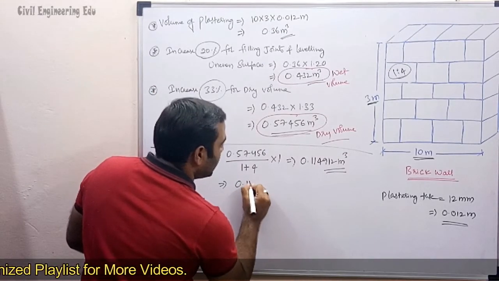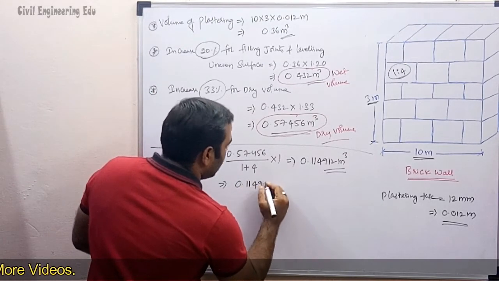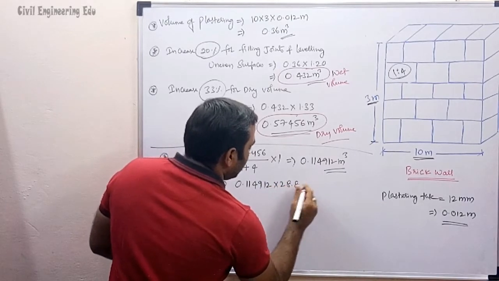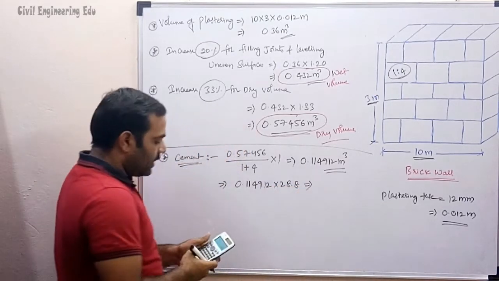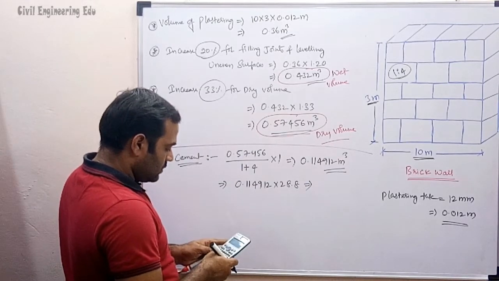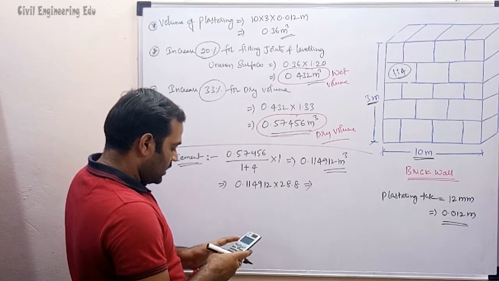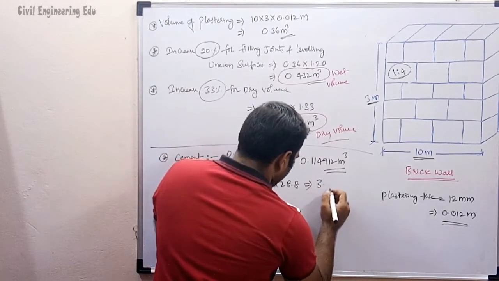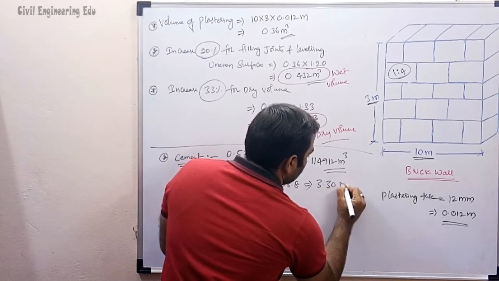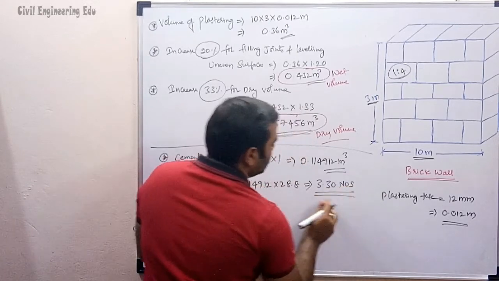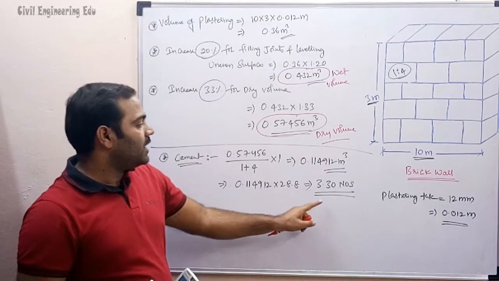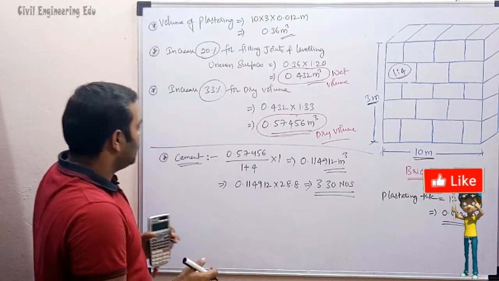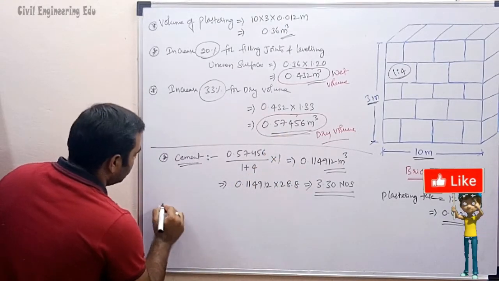So 0.114912 into 28.8. How many bags will we get? Here I am getting 3.30 numbers. These are the number of cement bags which we are going to use for this dry volume of plastering. So this is how we calculate cement.